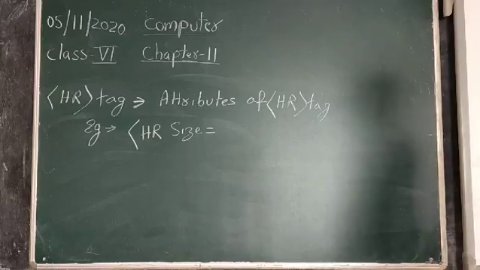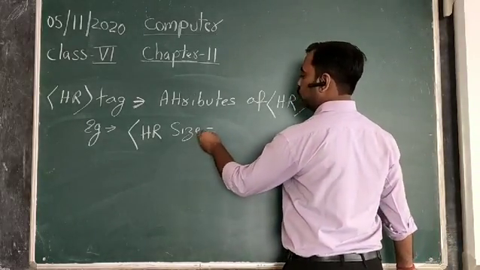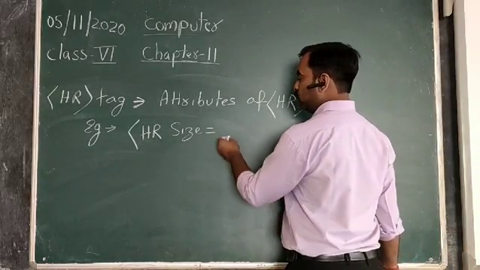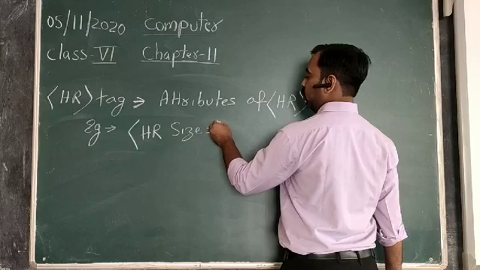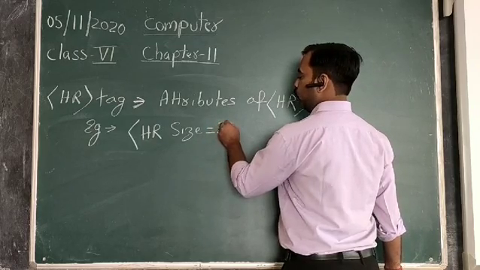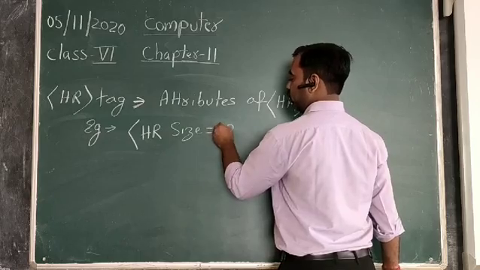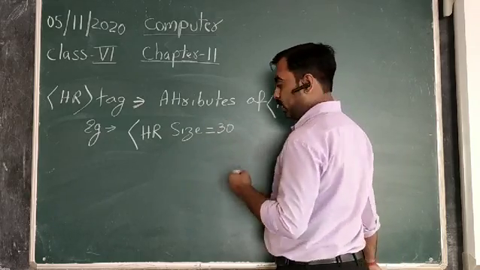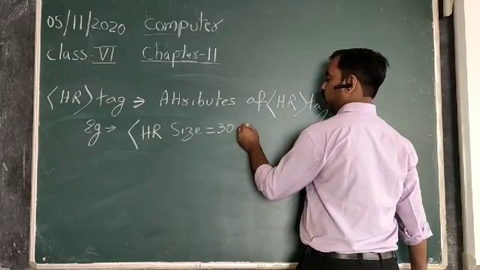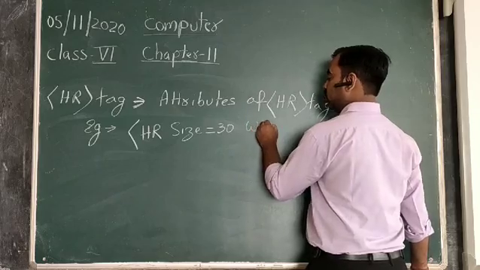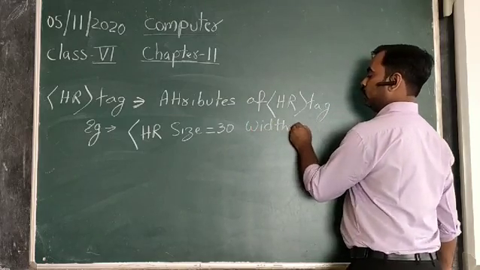In the size you can give the value for the size attribute, and values can be given either like 20 or you say 30. Clear? Then again, next one, width attribute.